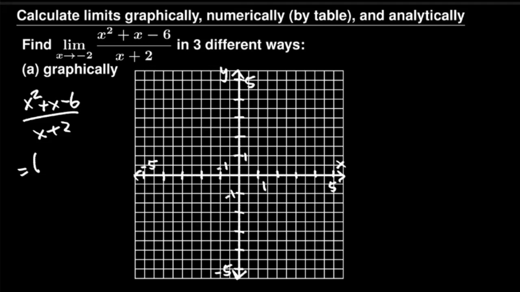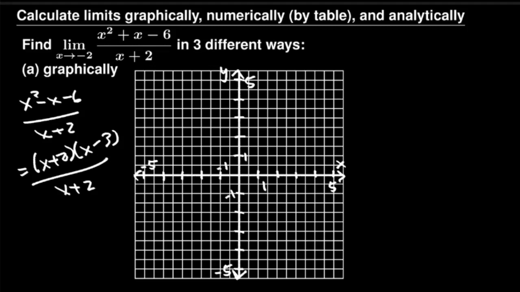Let's see. Is that what I wanted it to be? Oh, I think I wanted that to be minus. Oops, let me change that real fast, because that's going to give us x plus 2 times x minus 3. That's what I wanted. Sorry.